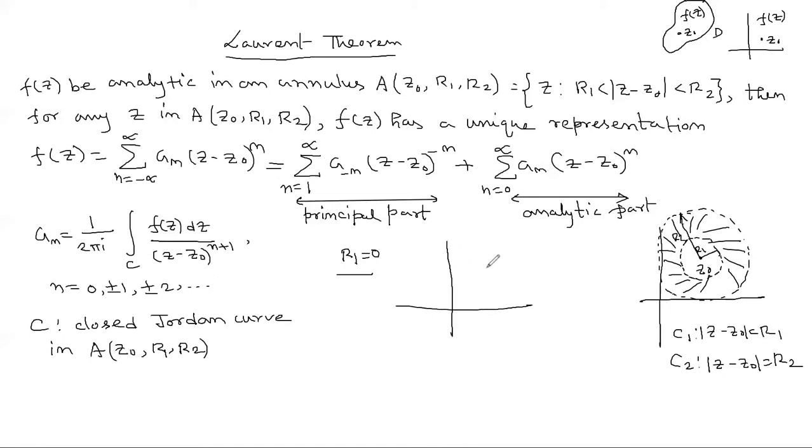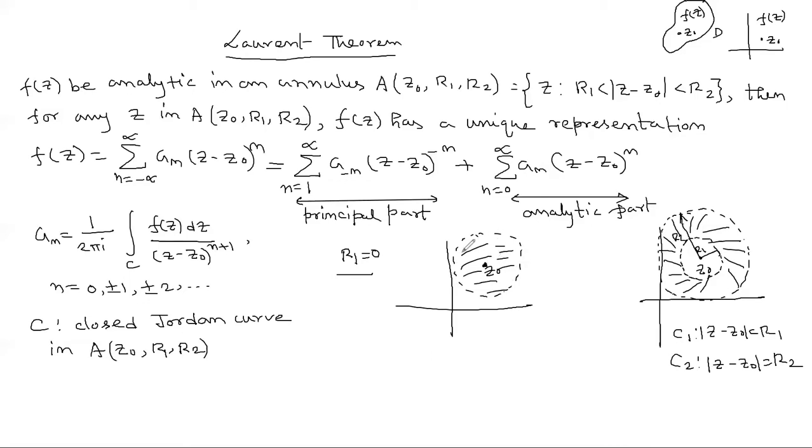This is the circle with center z0 and radius r2, and r1 is 0. That means the function f(z) is analytic in this region except the point z0.